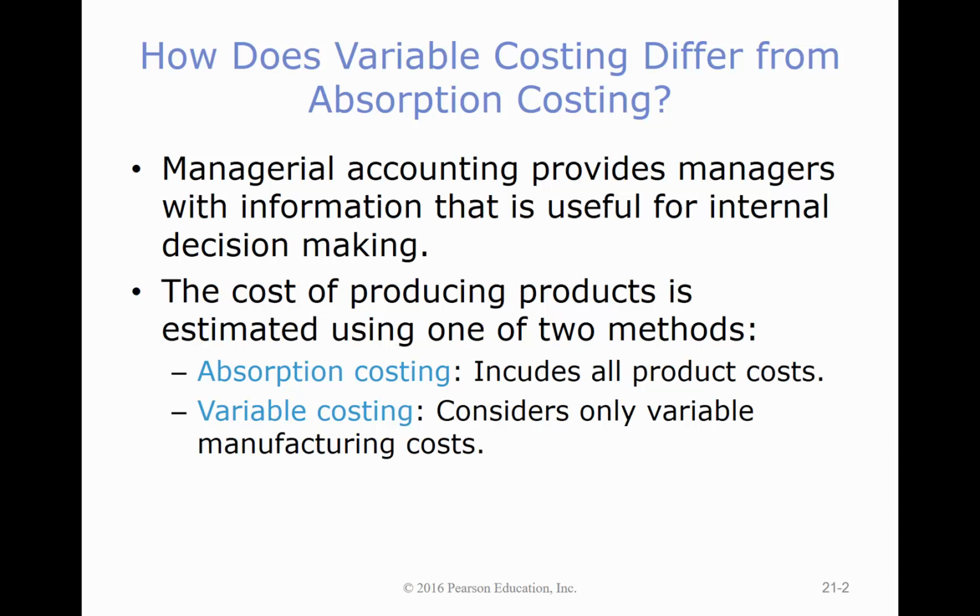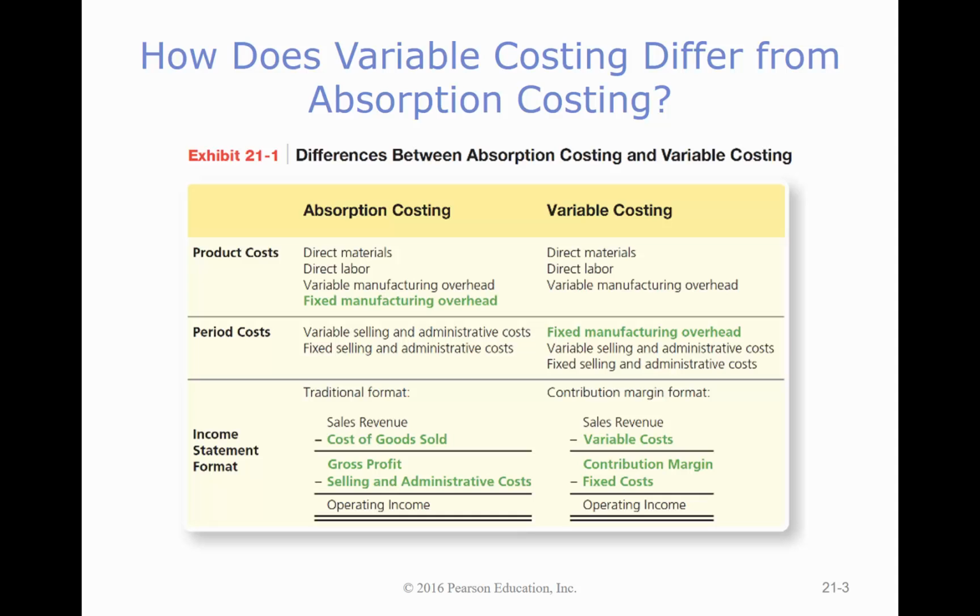It had all the variable costs up front, and then it had a contribution margin rather than having the product cost and the cost of goods sold. They just laid it out different with a contribution margin. That's what a variable costing income statement was. So that was the first time we dealt with that. So this just kind of goes more into it.